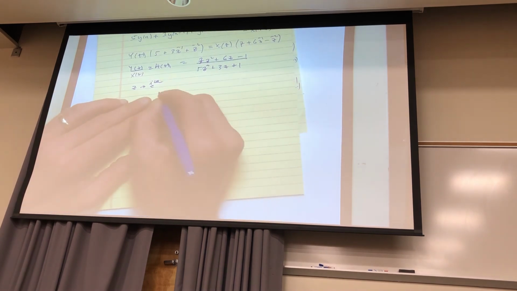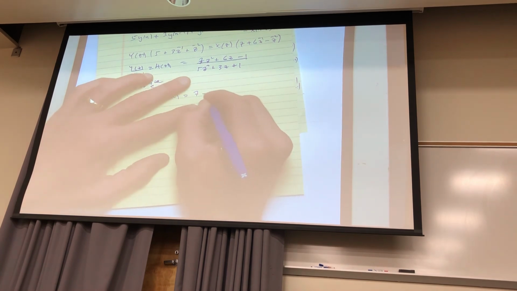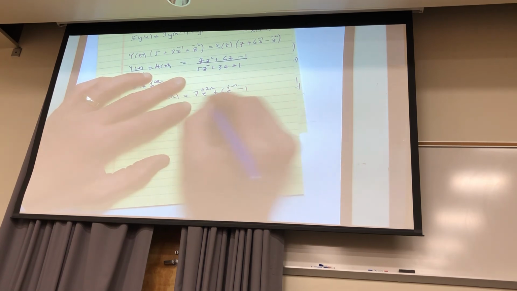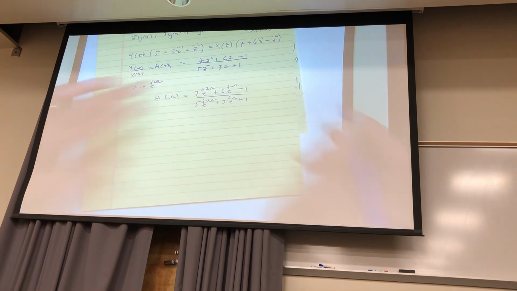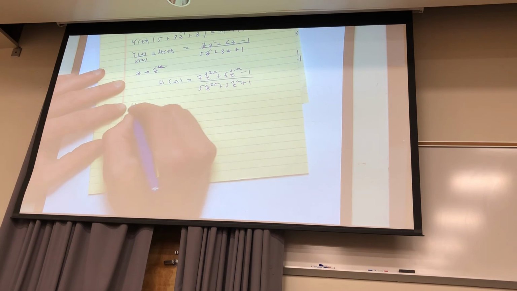In doing so, I have my H of omega equal to 7 times e to the j2 omega plus 6 e to the j omega minus 1 over 5 e to the j2 omega plus 3 e to the j omega plus 1. That's my filter, and now you evaluate it at the different frequencies.